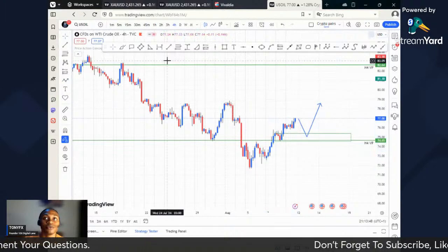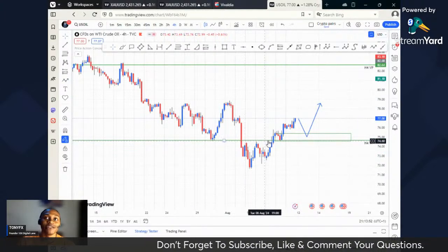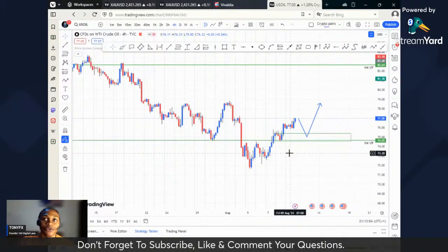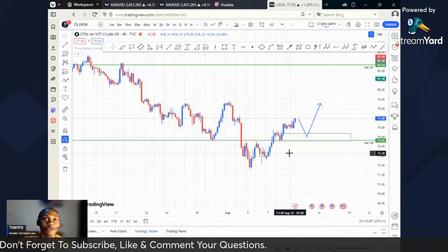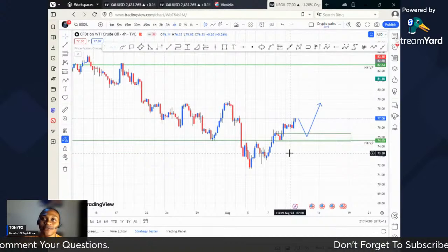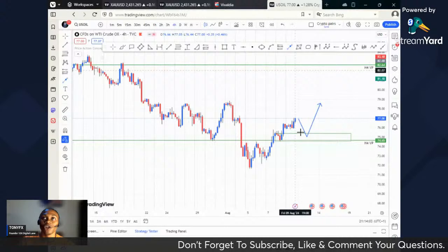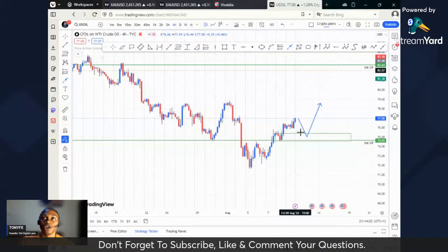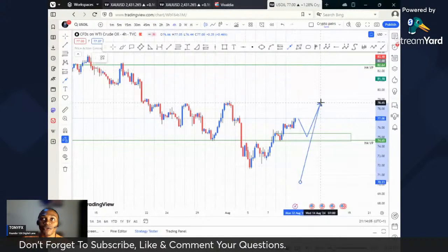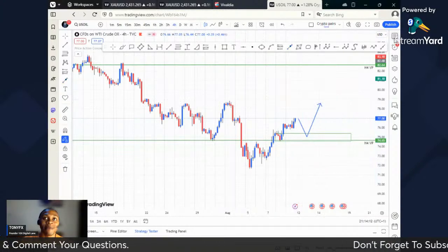If US oil is increasing in value, it's also affecting the price of crude oil, the price of petroleum nationwide and also worldwide. So it's very important to keep track of this. We're expecting a corrective structure for US oil and another push to the upside.